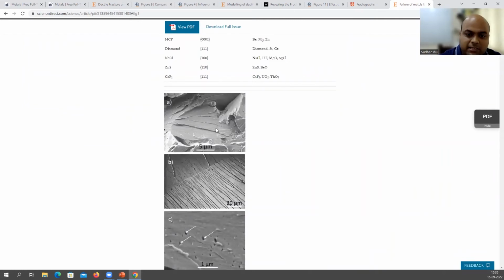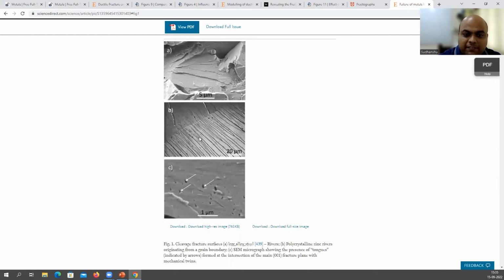So it's a cleavage fracture. This is again another river mark. If you see at the bottom, this is for low alloy steel, and this one is for polycrystalline zinc, number B. And in C, you see tongues. We also discussed tongues. So these are tongues.